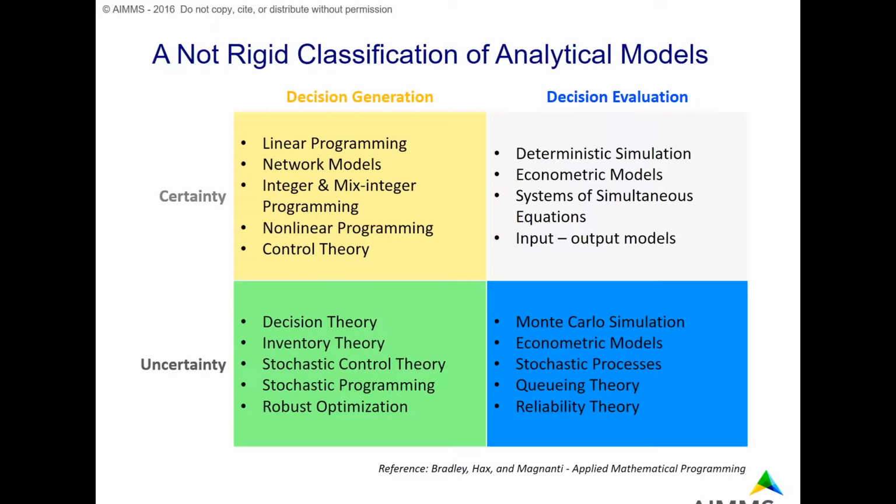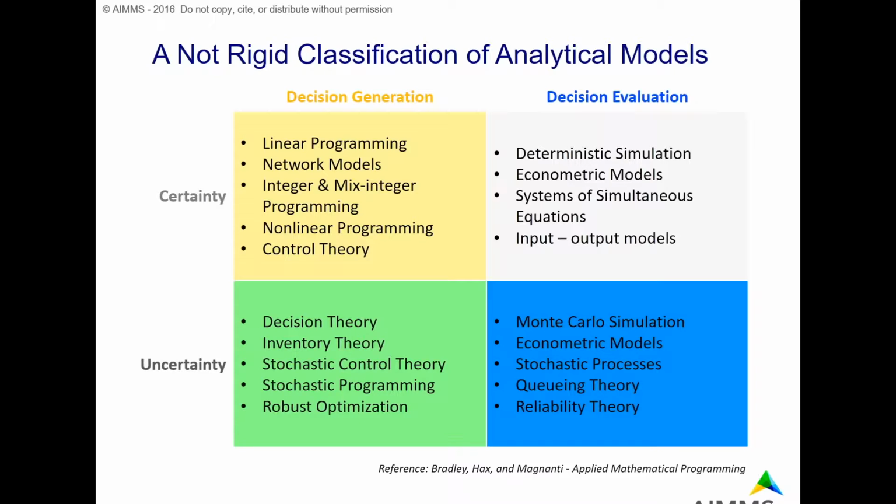And in the quadrant of strategy generation under uncertainty, there are different approaches for different problems and different circumstances too. In the optimization space, we see stochastic programming and robust optimization here.